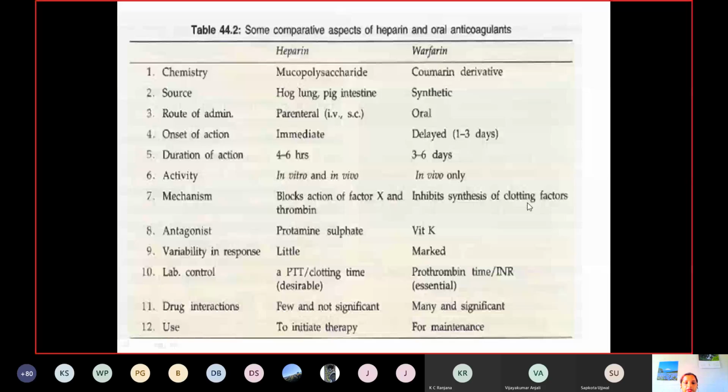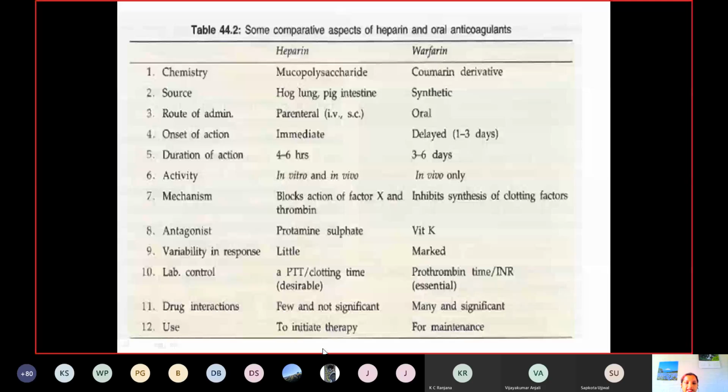For heparin, the antagonist is protamine sulfate, whereas vitamin K is the antidote for warfarin overdose. These are the differences between warfarin and heparin. APTT monitoring should be done in case of heparin, whereas prothrombin time, PT or INR, is essential in warfarin therapy.